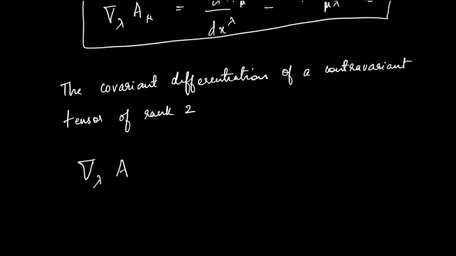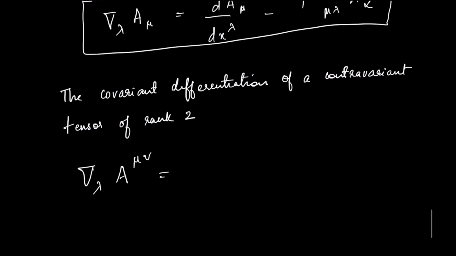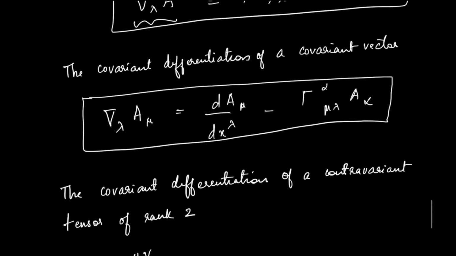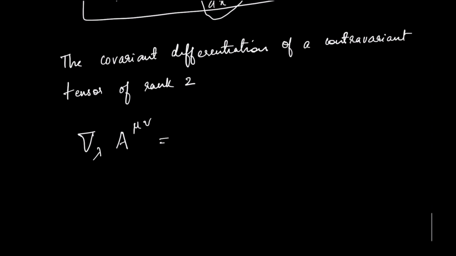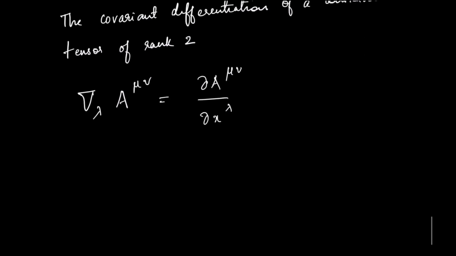Now I have a contravariant tensor of rank 2, so I have two free indices. So when there are two indices, this total derivative will become a partial derivative: partial derivative of A mu nu with respect to x lambda. Okay, and contravariant means it will be plus.